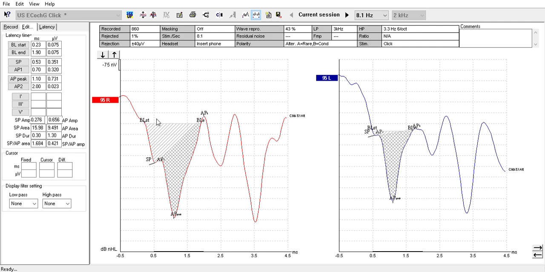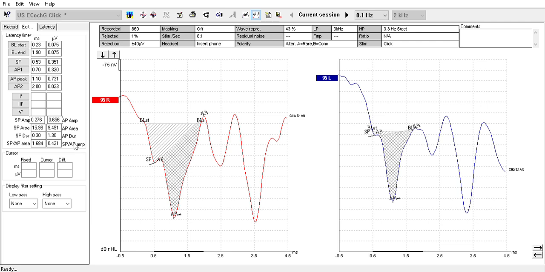So if I've got my baseline here, then how tall the SP is from that point. So it measures or calculates how tall it is from the baseline to where my SP is. And then it's going to measure the baseline all the way to my AP peak. So I actually don't need the AP1 or the AP2 values for this SP-AP amplitude ratio. I only need the baseline, the SP, and the AP peak.